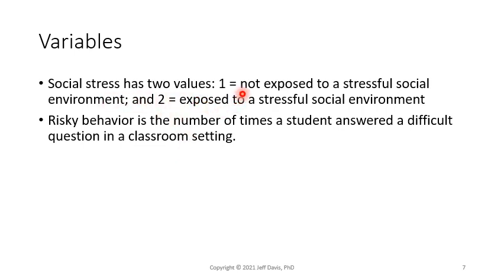Here, the first value is that the person has not been exposed to a stressful social environment. Or second, the person has been exposed to a stressful social environment. And then risky behavior refers to the number of times a student answered a difficult question in a classroom setting.